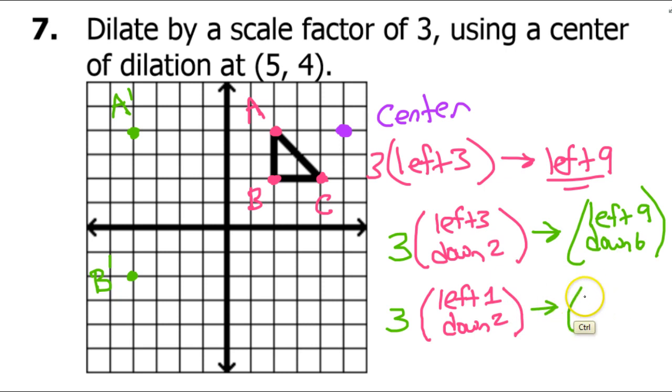So that means the image should be left 3 and down 6. I go left 3, down 6 from the center. So starting from the center, if I go left 3, I'm here, and then down 3, 4, 5, 6. That's going to be right here. So this would be point C, well, C prime, the image.